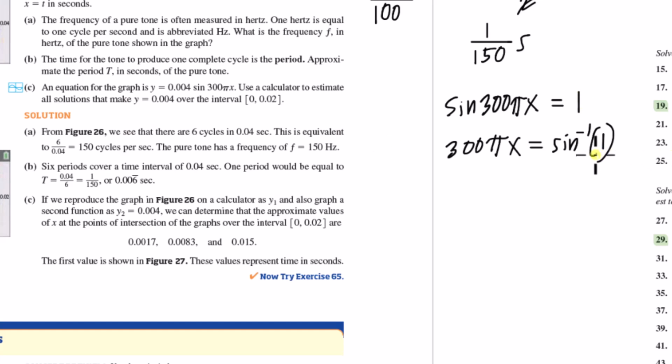Sine is positive 1 at, well, in this case there's only one angle between 0 and 360 that makes sine positive 1. So I take it back. There are certain quadrantal angles where there is actually only one angle between 0 and 360 that satisfies the inverse trig function.